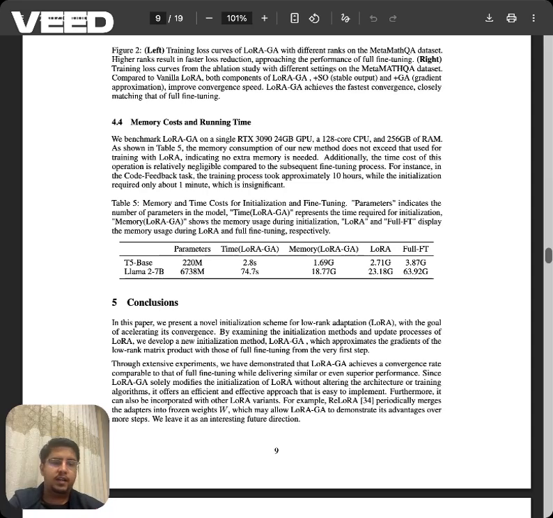It's not an architecture. It's not a new optimizer. It's just a better default. You basically keep the same LoRA structure, the same training loop, the same parameter efficiency, and you just get faster convergence, better final performance, more predictable behavior.